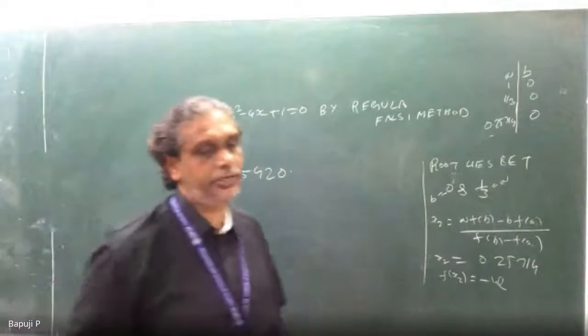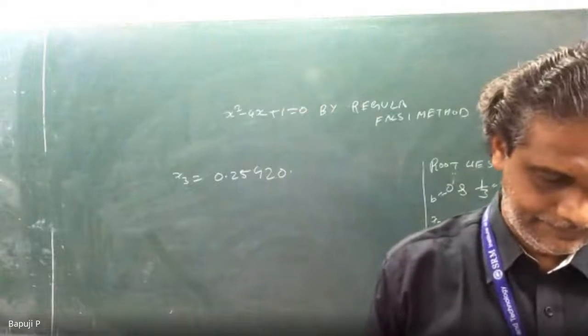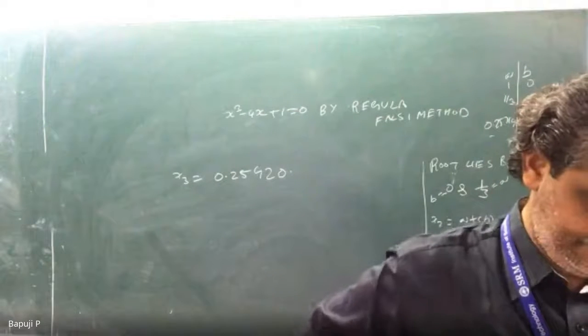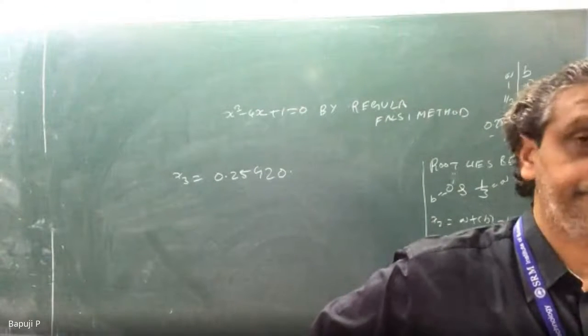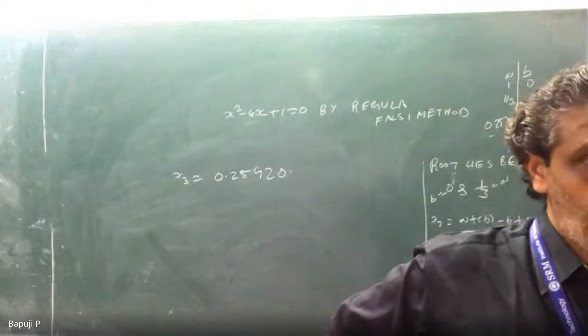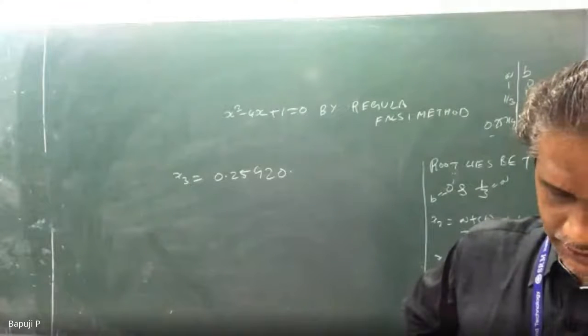X3 I got 0.25420. Check what value you are getting. Tell me. 0.25417. I got 420. Check.